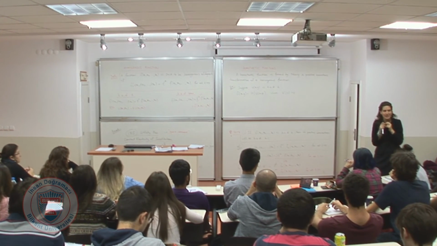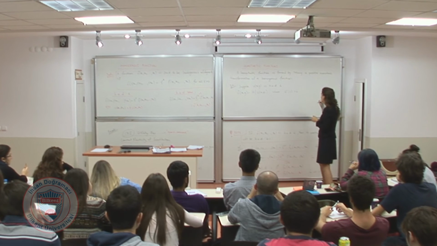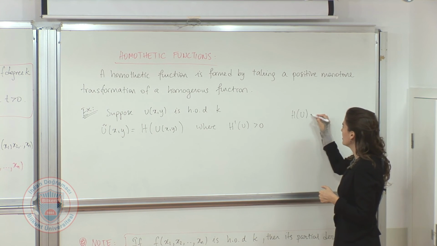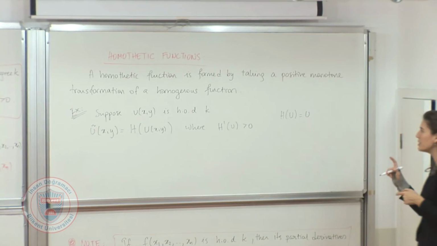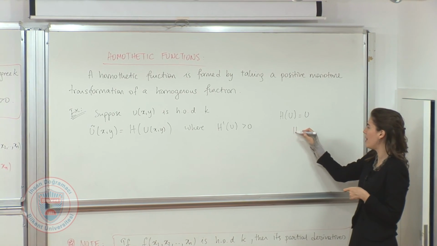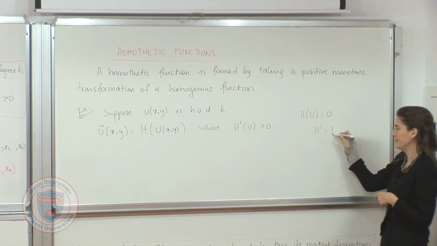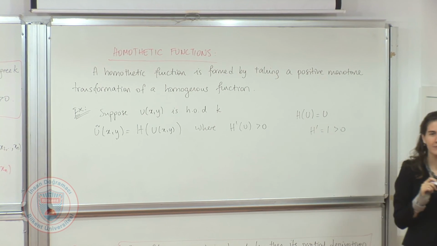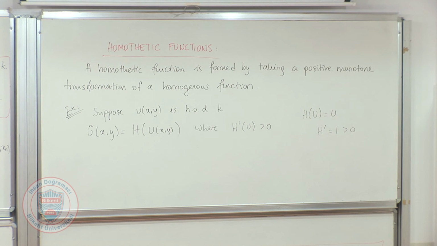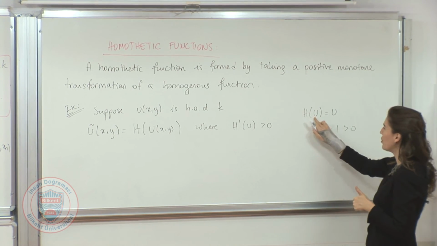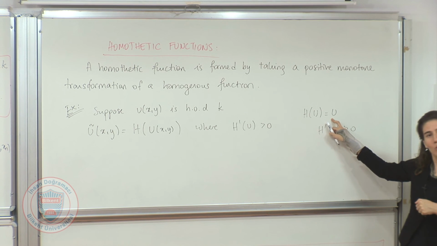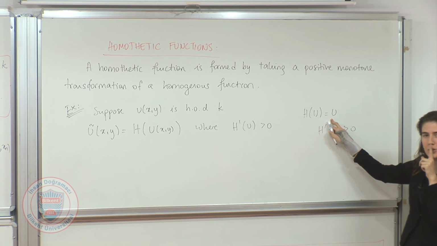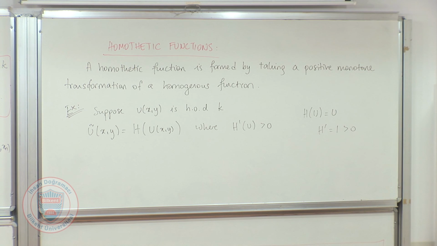It's not just one, but think of this. I pick h as this. Do you think it will work? Is this a positive monotone transformation? What is h prime? 1. Good. And then I put the homogeneous function in this h. It's going to give me what? Itself. Right? So it's going to give me the homogeneous function. So it turns out that all homogeneous functions are homothetic.